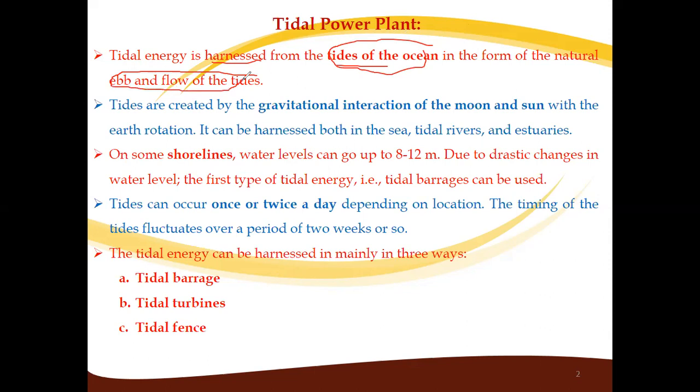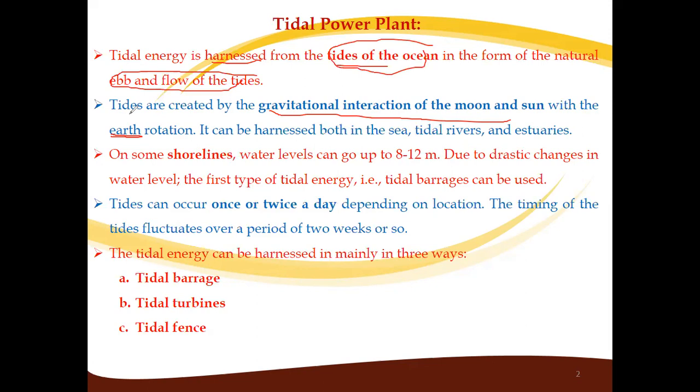The tides are created by the gravitational interaction of the sun and moon with the rotation of the earth. So when the earth rotates, there is a gravitational interaction between the sun and moon, and because of this, tides are created.